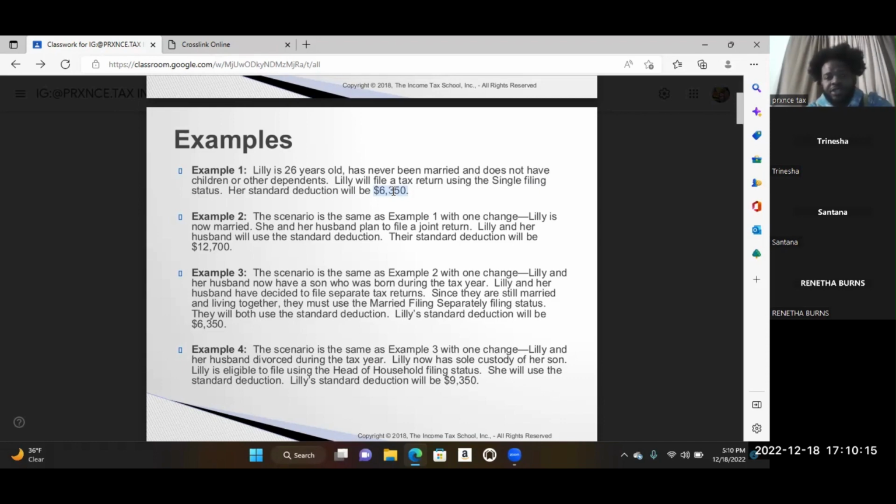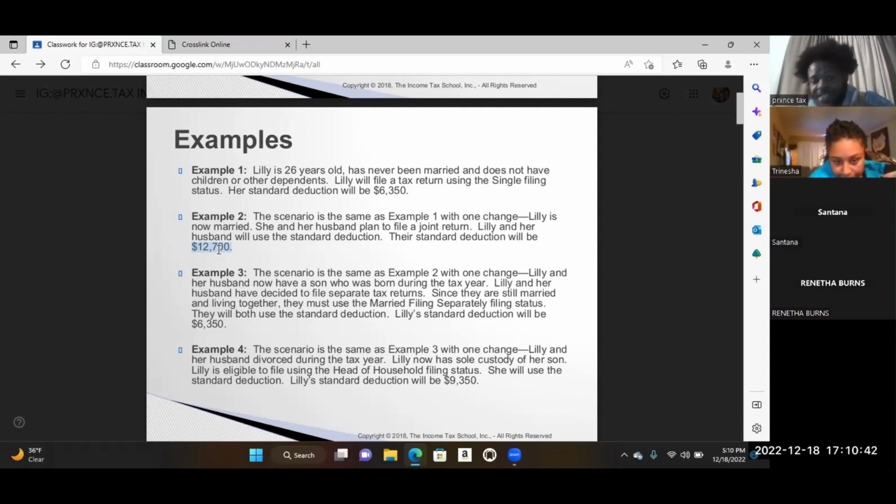So the 63,350, and then the standard deduction for married filing jointly is 12,700, because the 2 added together make that married filing jointly. In 2022 and in the 2023 tax software, you're going to see that it is now 26,000 when you look at married filing jointly. Okay, and that's what the examples are explaining pretty much.